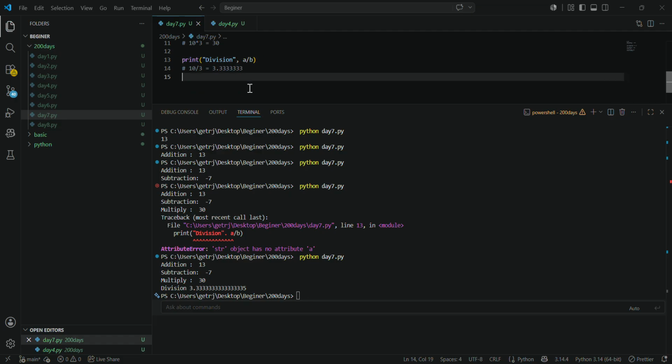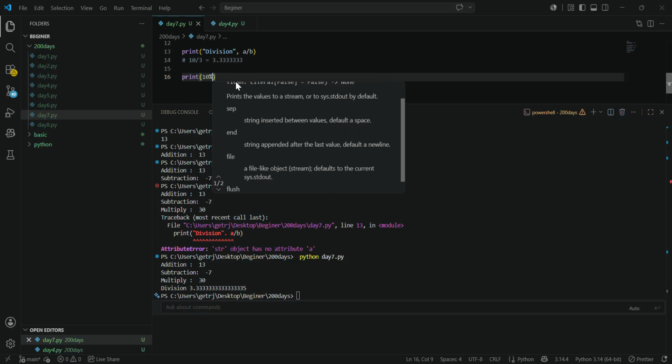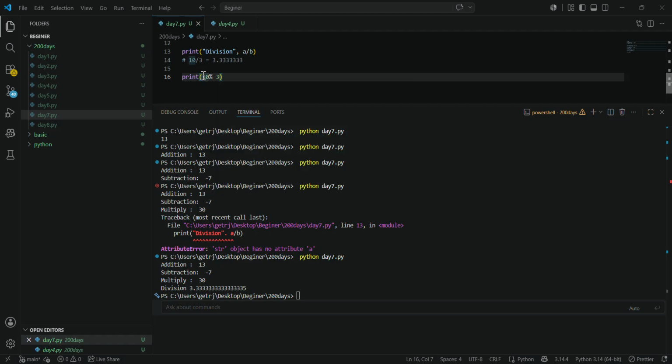Next we will go to modulo. The modulo operator is used to get the remainder after division. Now we will check print 10 modulo 3.